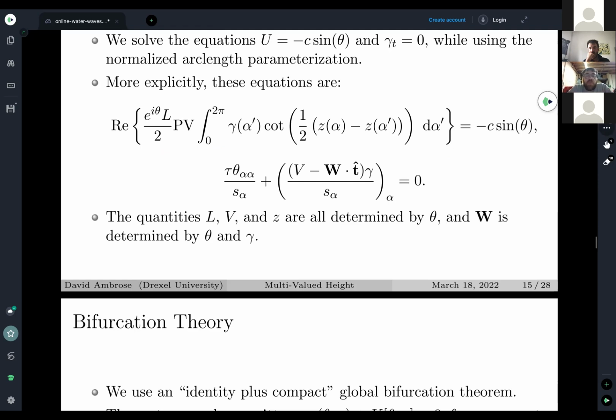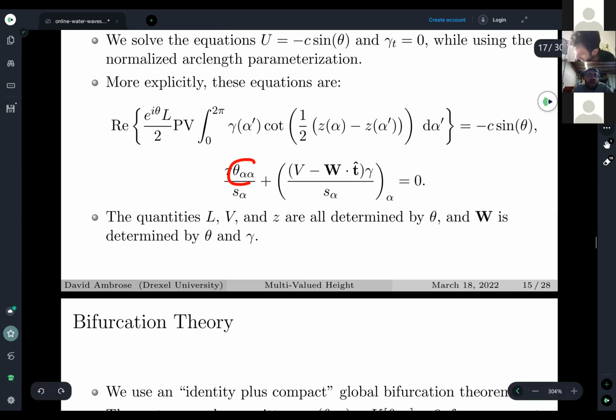Then we apply a Hilbert transform, and we get gamma plus the Hilbert transform of a smooth remainder equals minus c times the Hilbert transform of sine of theta. There's another step there where you have to adjust for the mean of gamma. But other than that, this gets you the gamma plus a compact operator equation.